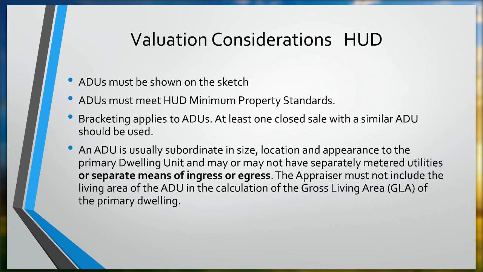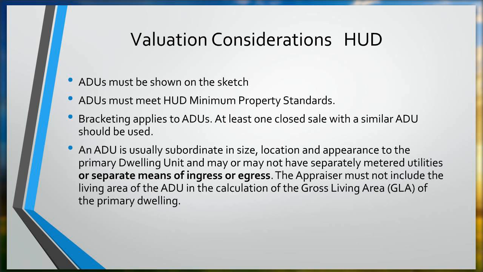So some of the valuation considerations that HUD has are a little bit different than Fannie Mae. ADUs must be shown on the sketch. ADUs must meet HUD minimum property standards. The three S's, make sure that you address that with the ADU. Bracketing applies to ADUs as well. You have to have at least one closed sale with a similar accessory dwelling unit.